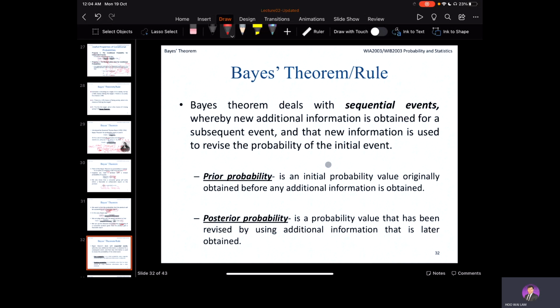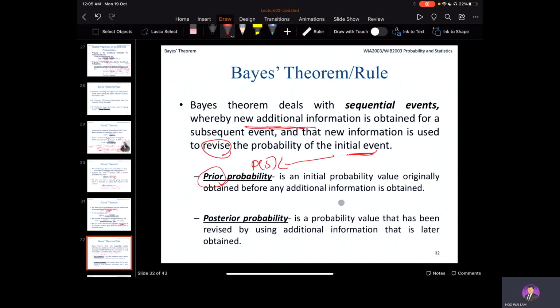So over here, Bayes' theorem deals with sequential events whereby new additional information is obtained. New additional information of a subsequent event is obtained, and that new information is used to revise the probability of the initial event. Just now we had the probability of S as the initial event, in other words, the prior probability: an initial probability value originally obtained before any additional information is obtained.